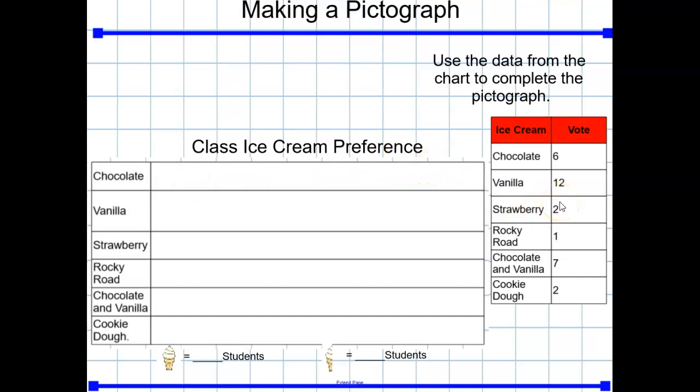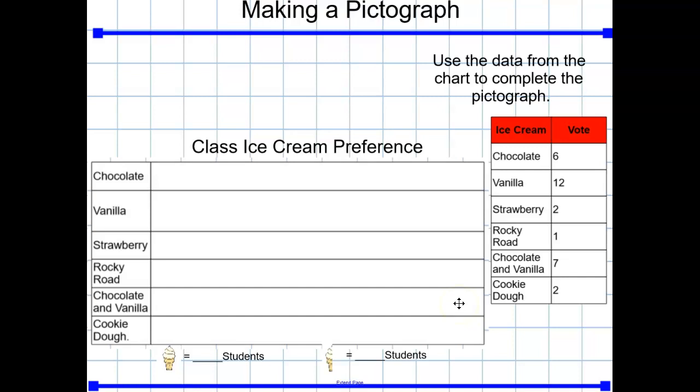Let's see if we can do this in a more efficient way. Well, 2 would work because 2 goes into these categories. And if I split 2 in half, I know it's worth 1, so I could use half of an ice cream cone to then represent 1 because it's worth half the value of 2.